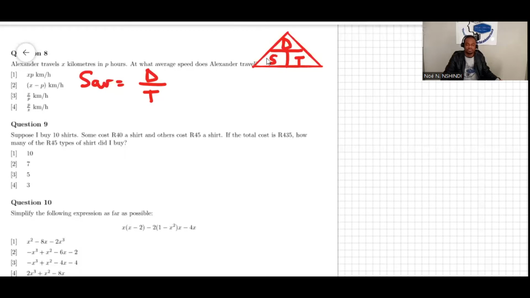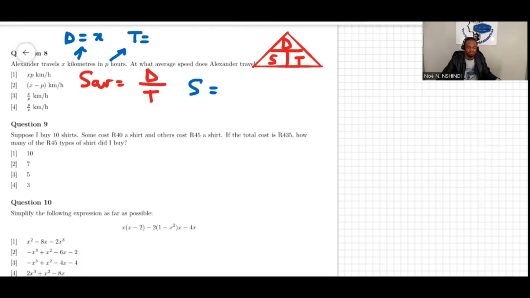Because I'm looking for speed, I'm going to say it's distance over time, because they asked at what average speed Alexander travels. So the average speed, S, will be: they said he travels X kilometers. Kilometers is the distance, so D is X, and P here is the hours, the time.